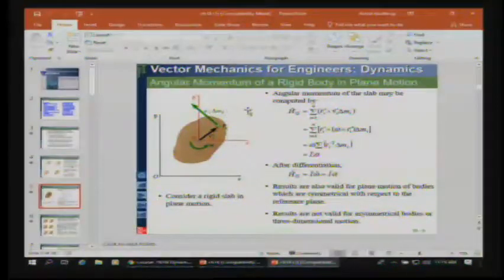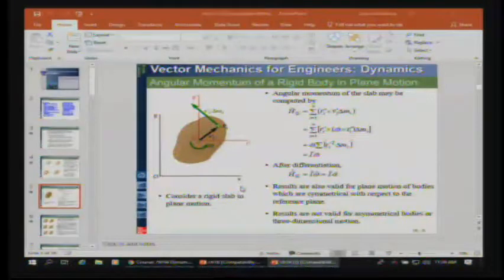All right, so when we talk about angular momentum of that slab, we go ahead and compute that: we just take R times the linear momentum vector, m V, and when we go through the math, we find that it becomes equal to the moment of inertia about the center of mass, or the centroid, times omega, and omega is that rotational velocity.